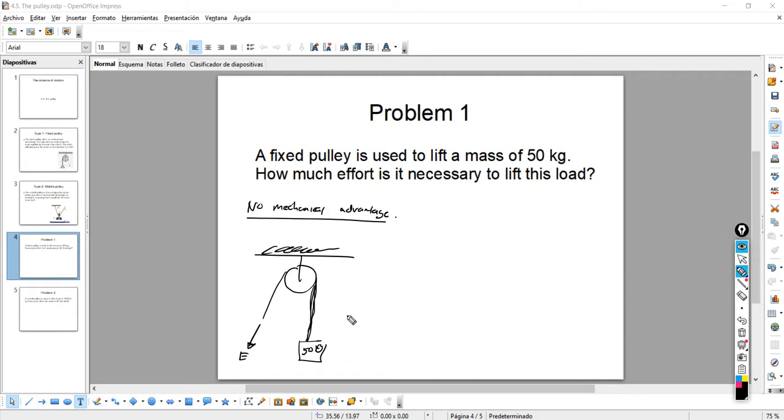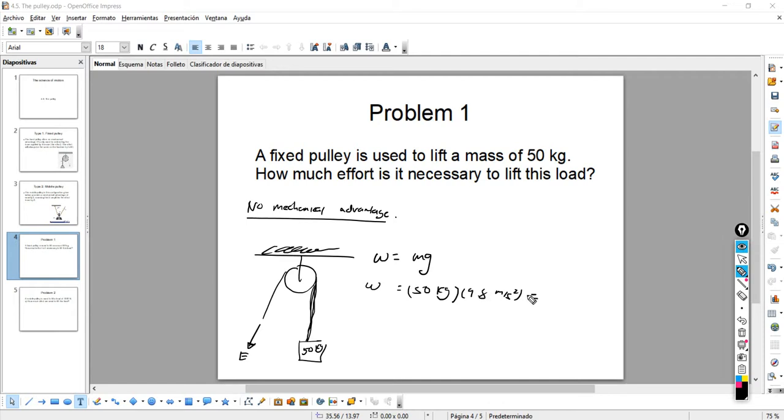Even though I'm saying this is the load, I'm not saying that 50 kilograms is the load. Remember, the load is supposed to be a force, the weight of the object you're trying to lift. So just get the weight of this object: mass times gravity. It's going to be 50 kilograms times 9.8 meters per second squared.